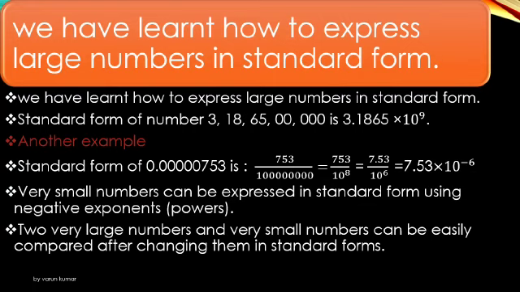Next, a very small number can also be expressed in standard form using the negative exponent, as we already showed you in this slide. And after that, a very large number or a very small number can easily be compared with the help of exponents after changing them into standard forms.